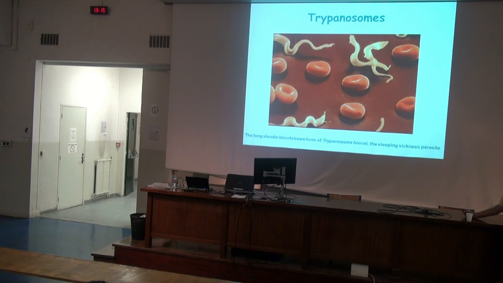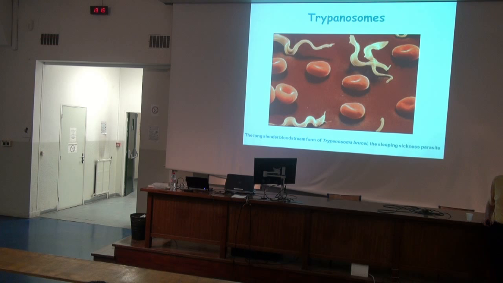The parasite can do this 1,000 times. It has 1,000 copies with variations of this surface glycoprotein in the genome, and can express one at a time in a particular order. And there are people who have, of course, become very famous of figuring this out.